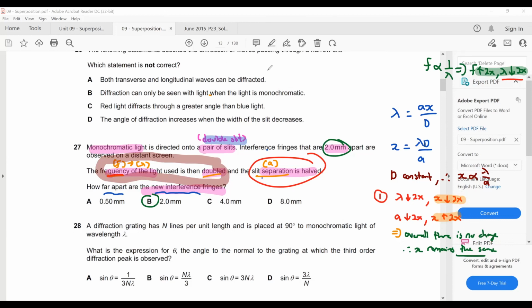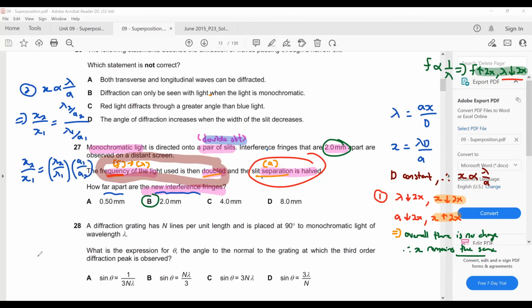So this is the second method that I'll show you, the one that I always tell you is more tedious. I know X is proportional to lambda over A. That means X2 over X1 is lambda 2 over A2 divided by lambda 1 over A1, which in turn gives me lambda 2 over lambda 1 times A1 over A2. Now you sum in the values.